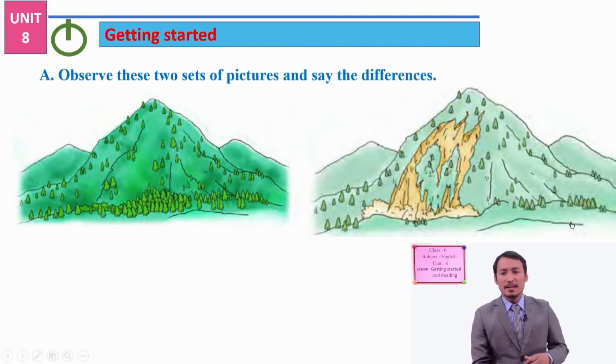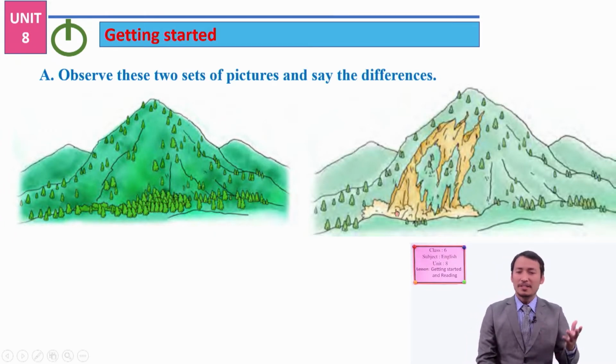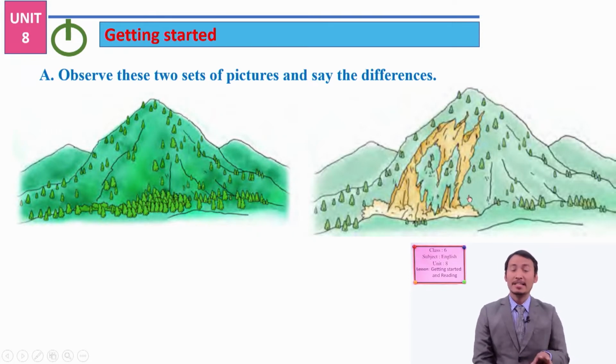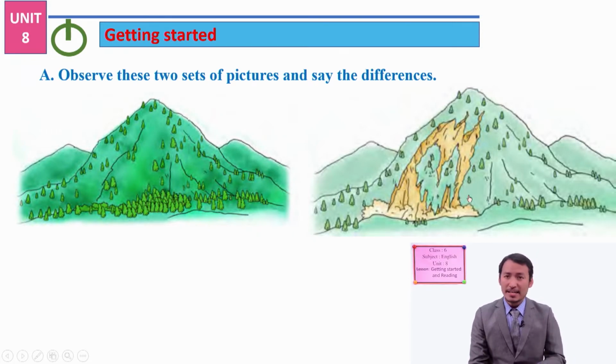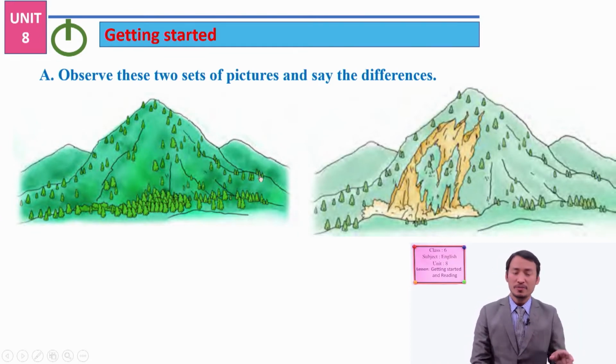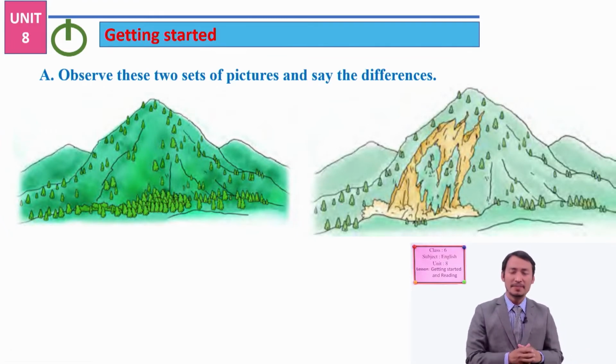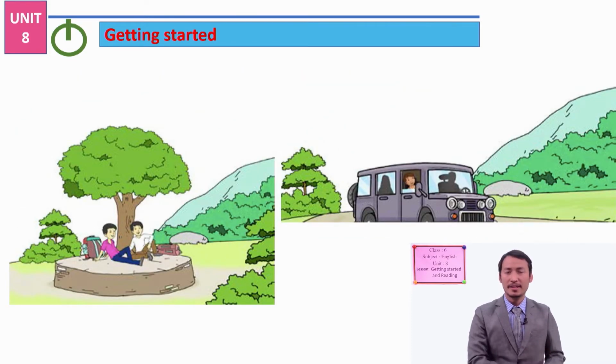So what can you say about the past by looking at this second picture? You can say there used to be more greenery, there used to be more trees, and so on, right? Yes, you are right.